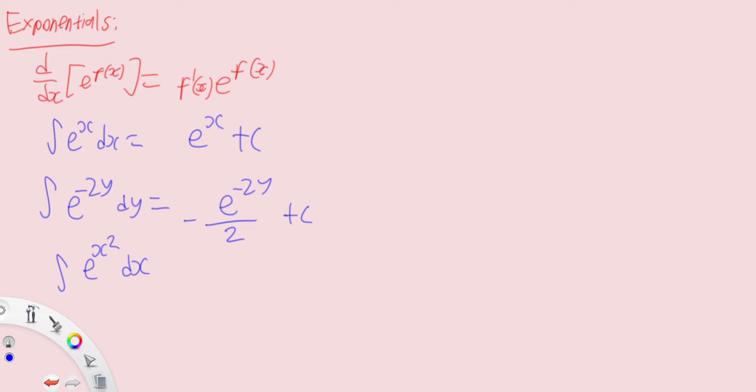Let's say I have e to the power of x squared dx. You cannot just follow the same thing, e to the power of x squared divided by 2x, because of the derivative. You just introduced a new variable term. Therefore, this will not result in e to the power of x squared over 2x. In fact, you can check your work.